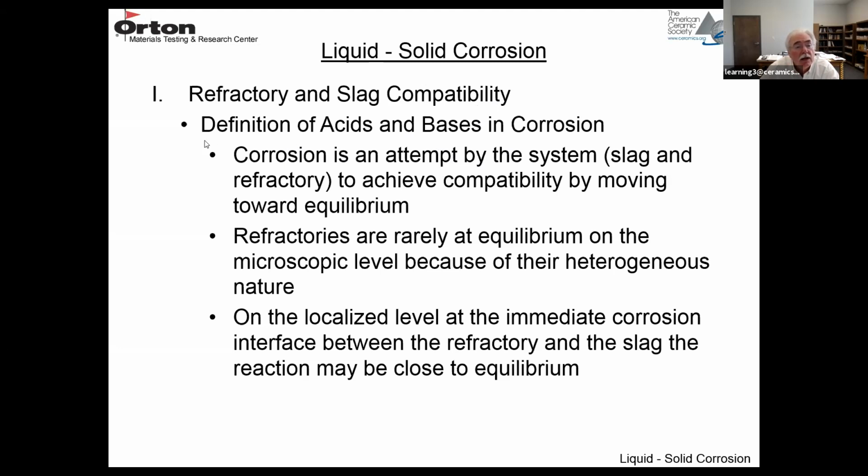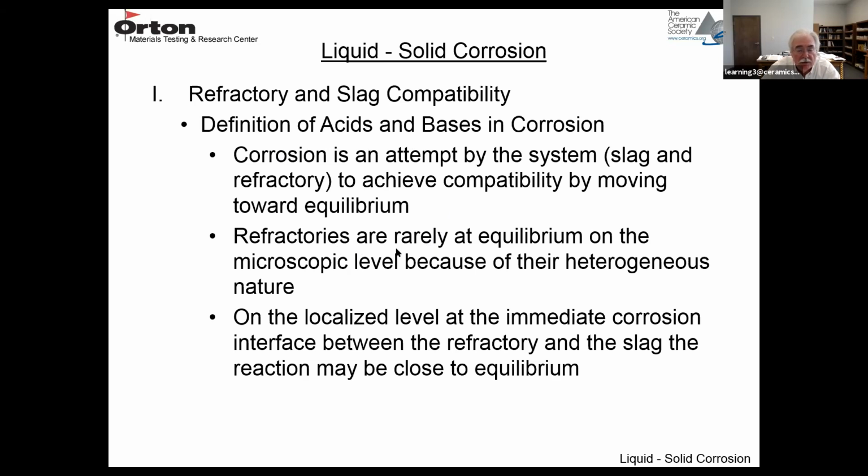But anyway, defining acids and bases in corrosion. Corrosion is simply an attempt by the system, which is the slag in the refractory or whatever fluid and refractory you have, to achieve compatibility by moving towards thermodynamic equilibrium.